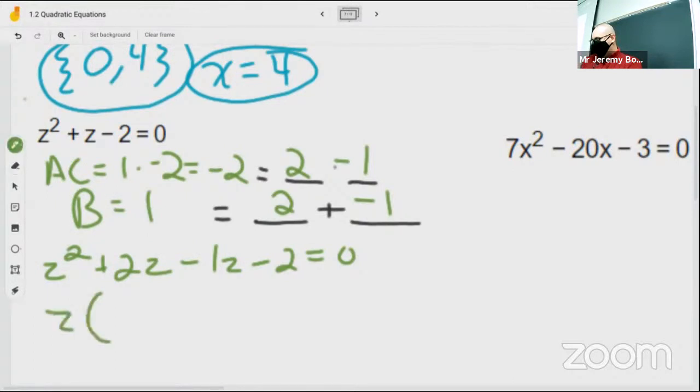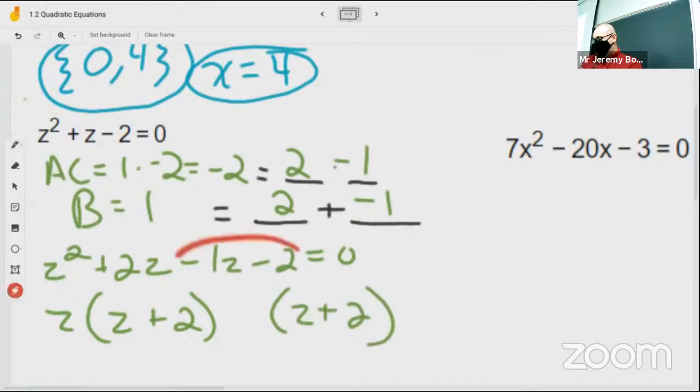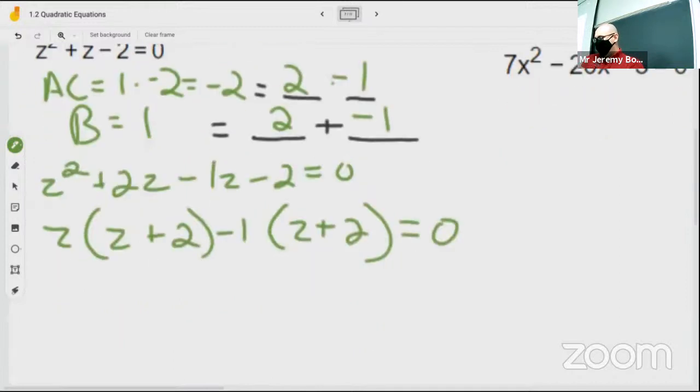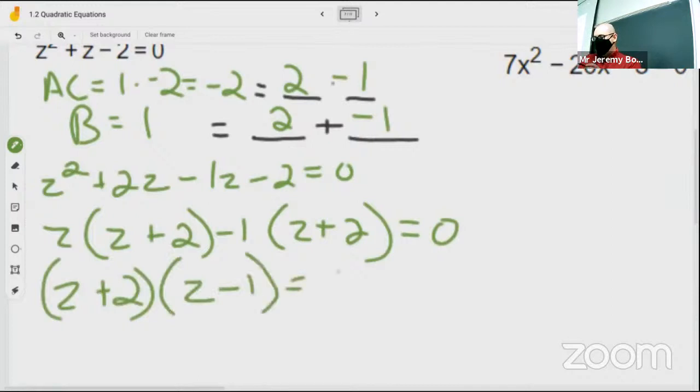And so we're left with z plus 2. If I want to get z plus 2 by factoring something out of this pair here, I would need to factor out a negative 1. This is going to be minus 1. And so that means that this is going to be z plus 2 times z minus 1 is equal to 0.